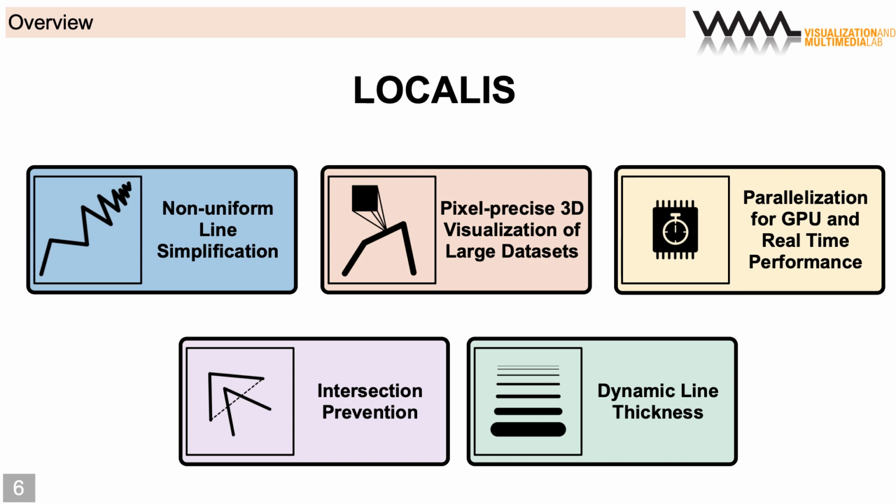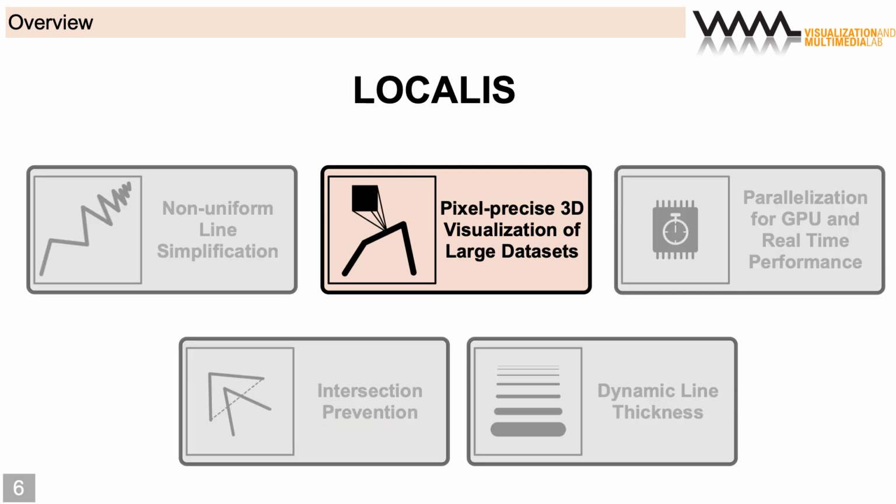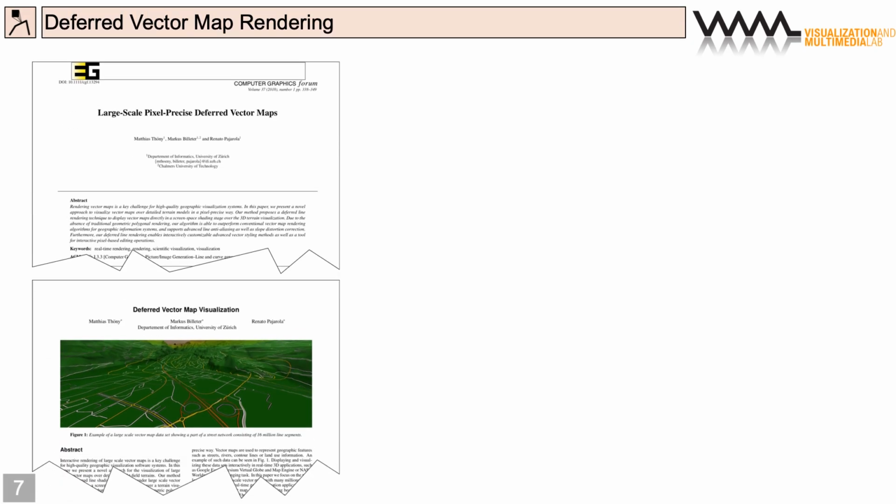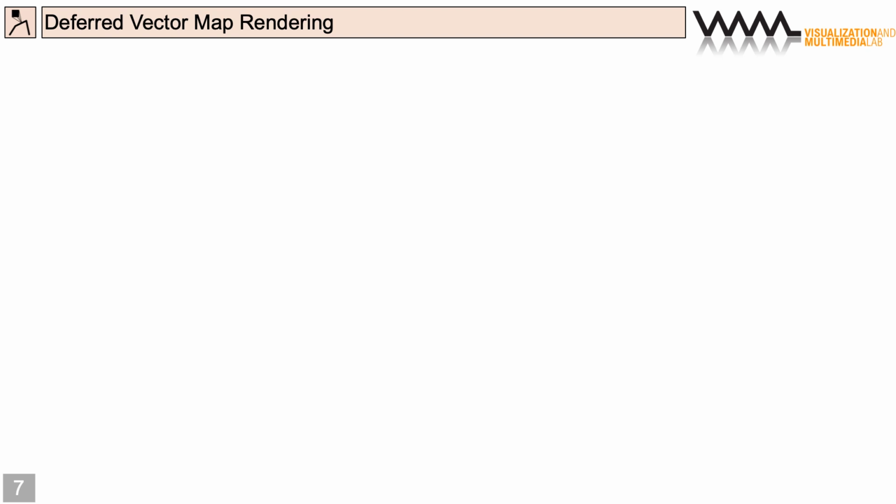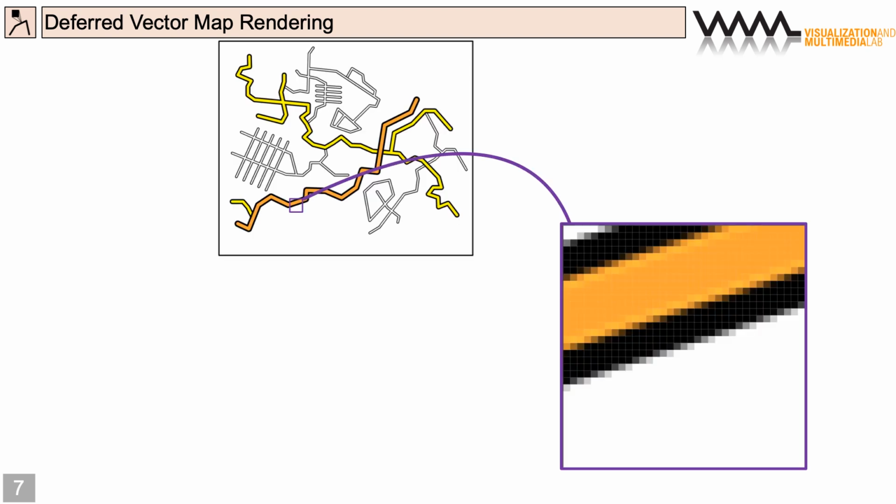Next, I will explain our pixel-precise 3D visualization of large line datasets. Recently, different vector rendering techniques have been introduced for visualizing a large number of lines in 3D, which take advantage of the power of the GPU. LOCALIS uses the same concept. The color of each pixel is determined independently by comparing the distance of the pixel to the lines and the thickness of the lines.